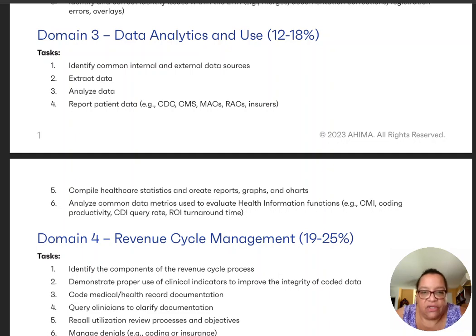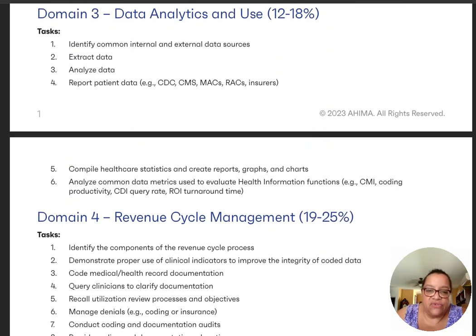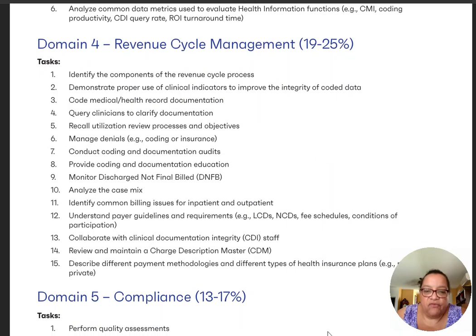Then we have domain 4. Again, domains are just topic areas. Domain 4 is a higher potential area where they could pull questions from. And the focus here is revenue cycle management. That includes coding applications. So things that you learn about applying ICD-10 PCS codes. You're not using a coding manual.